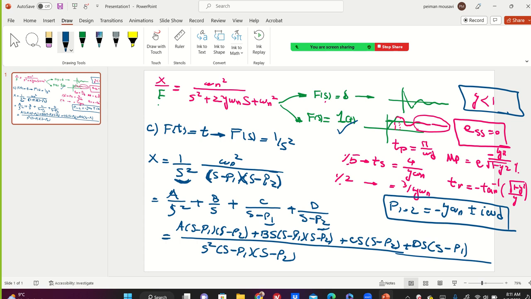Here we go. And this is s squared, not s, because they have no s. Cs squared, Ds squared. So obviously this numerator equals the omega n squared numerator.